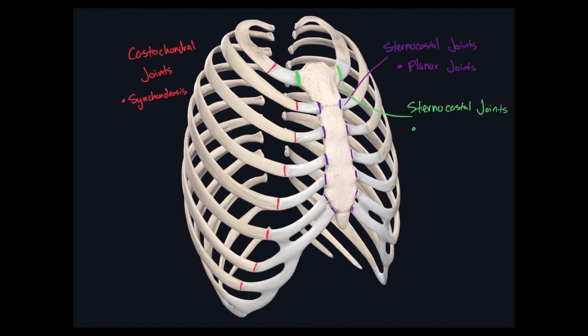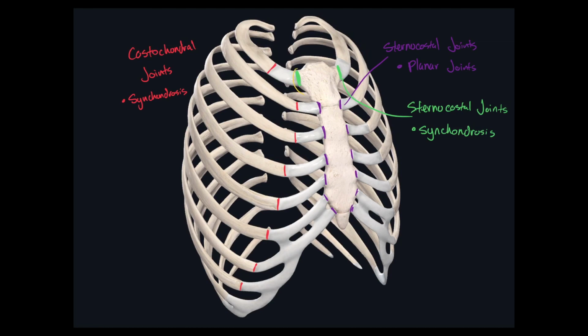However, their classification is different than those underneath them. While the rest are synovial planar joints, the joints between the first ribs and the sternum are synchondroses. Again, the reason being that these joints are made up of hyaline cartilage.